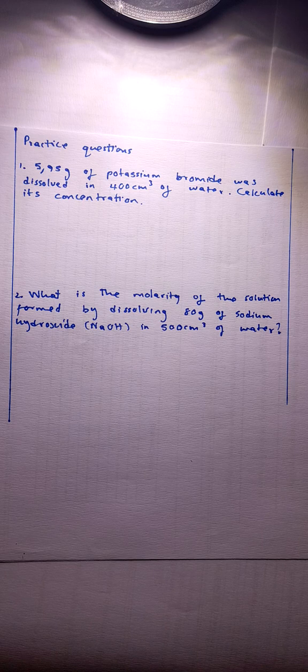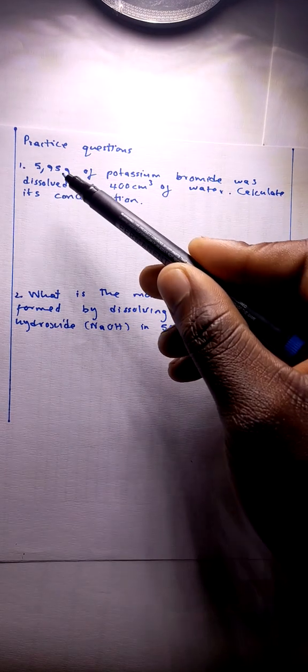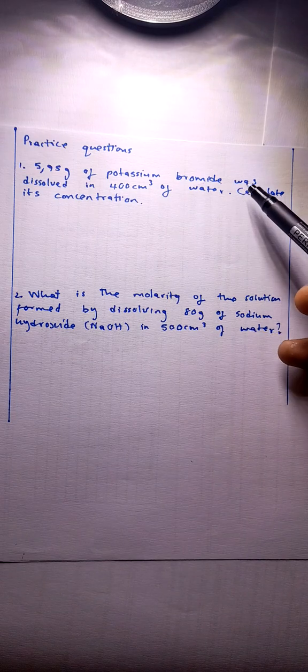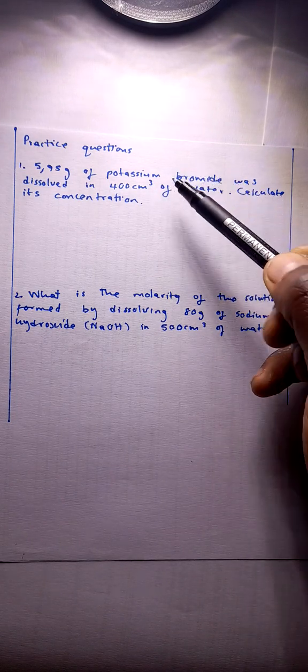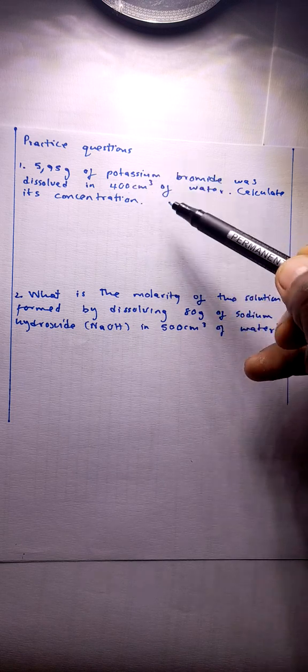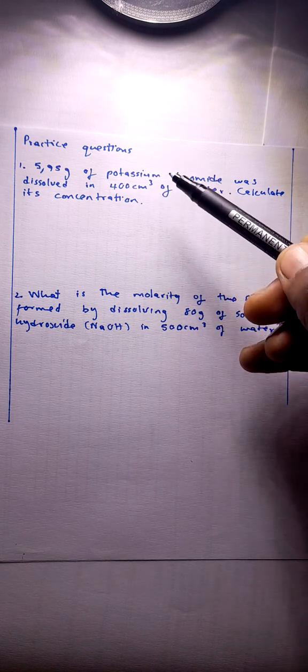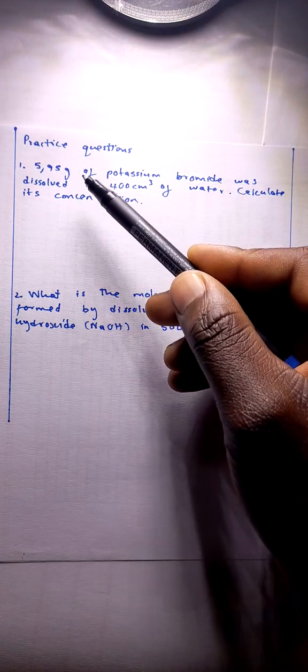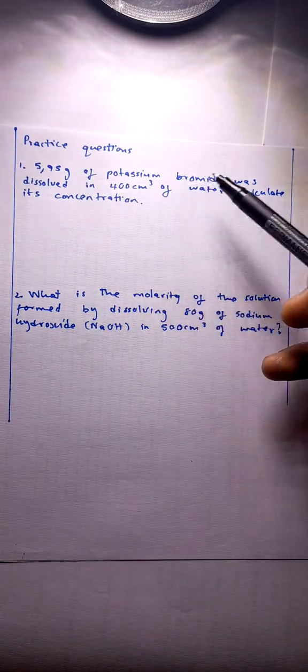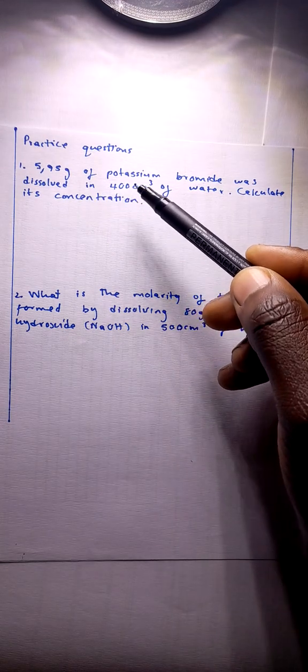Okay, practice questions. Now, 5.95 grams of potassium bromide. You must know how to name the compounds. My first two videos are teaching you how to form a compound and how to name it as well. So 5.95 grams of potassium bromide was dissolved in 400 cubic centimeter.